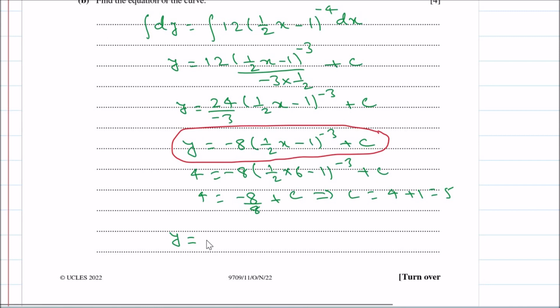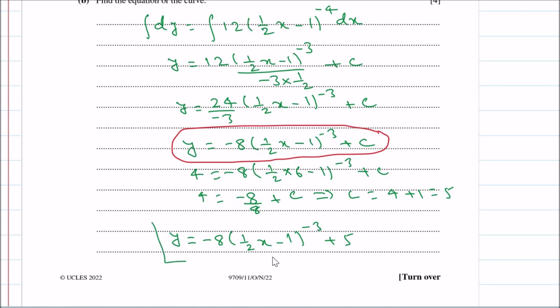So y equals minus 8 into (1 by 2x minus 1) to the power minus 3 plus 5. So this is the answer.